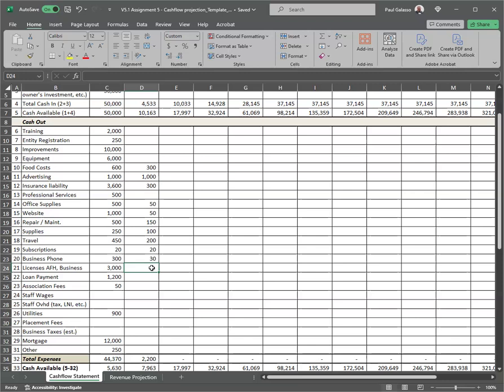I figure that $175, $200 would work. So if we put $175 a month times 12, that equals how much? $2,100. We should be able to get all of our licenses renewed for $2,100.